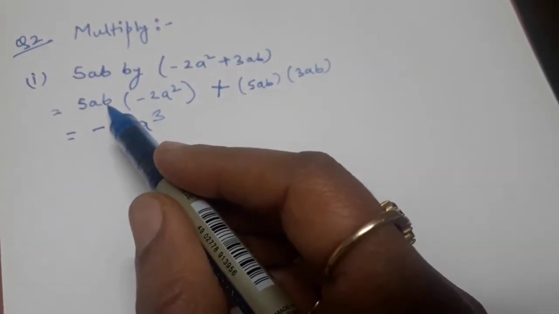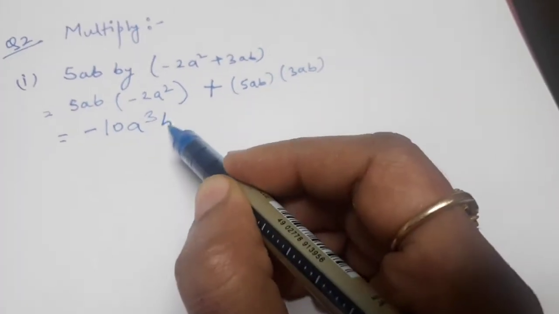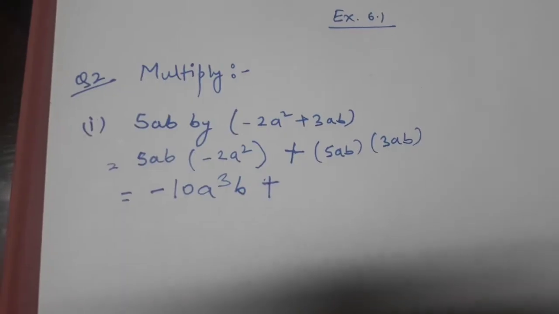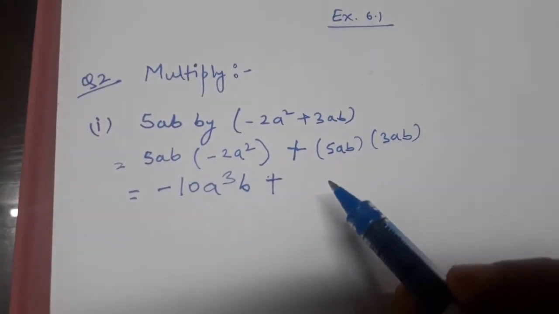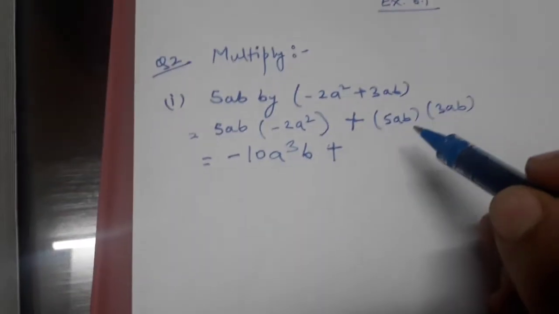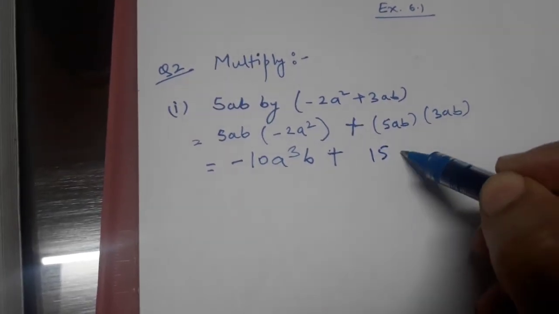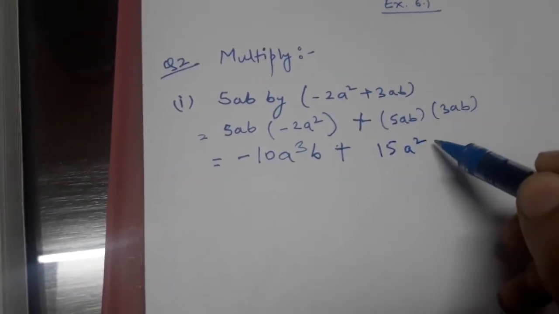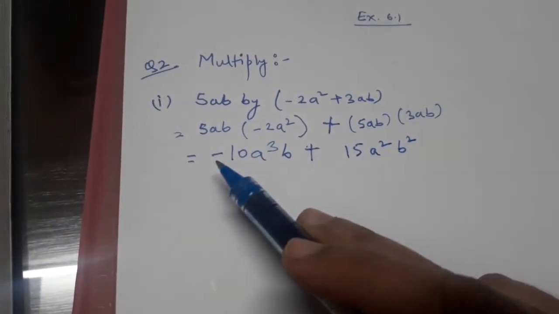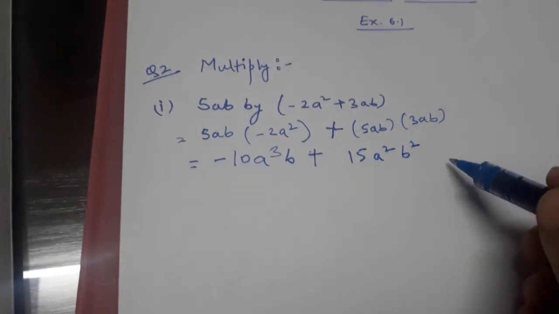And no b is here, only single b of 5ab, so it will be like this, plus, and this 5 will get multiplied by this 3. So what number will we get? 15. A and a will become a square, and b will become b square. So what will be our answer? Our answer would be minus 10 a cube b plus 15 a square b square.